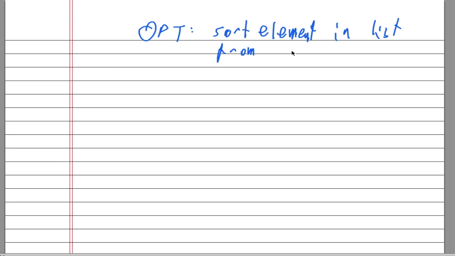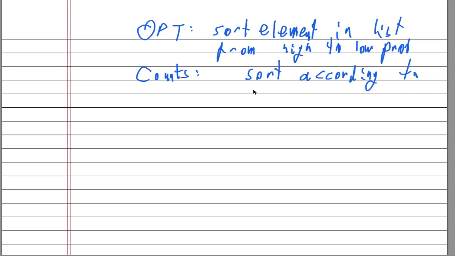Okay, so we have optimal, which is to sort elements in the list from high to low probability. And then we have counts, which is the same, but instead sorted according to counts.